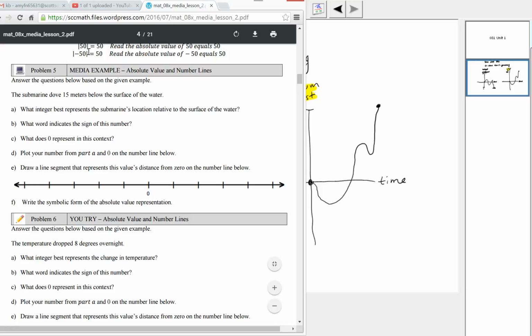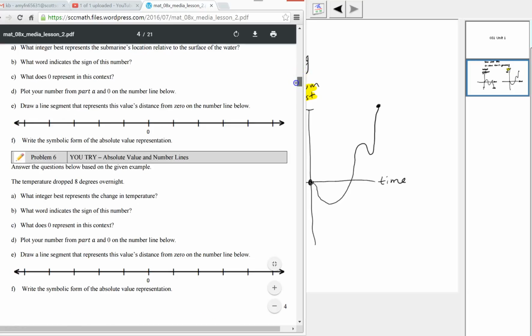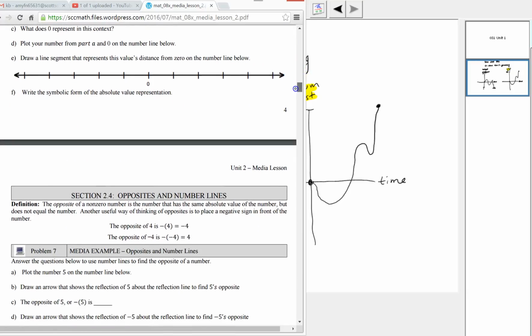This is actually in part F, so we do this here too. We also talk about the absolute value bars as similar to parentheses in the order of operations. You do what's in the absolute value first. Scroll down a little bit.